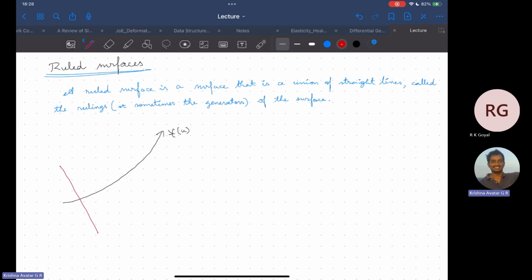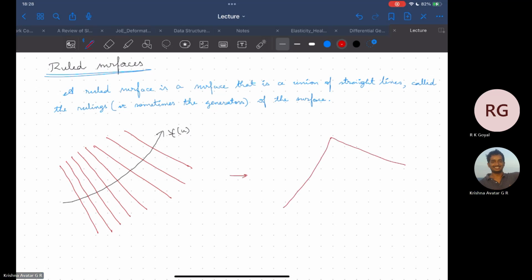Just take a collection of these straight lines, and if we bring all these straight lines very close, it will eventually mimic some sort of a surface, with some curve passing through it, which is gamma of u vector. It's provided we bring all these lines close enough.